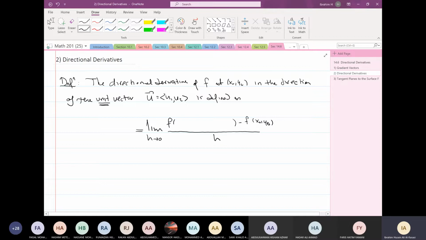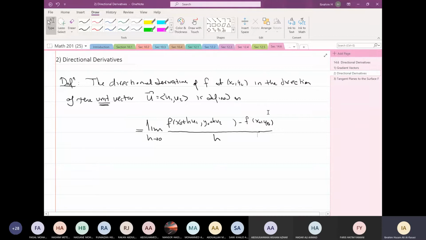The something is f of x0 plus h u1, y0 plus h u2. I will explain very soon why I have this x0 plus h u1, y0 plus h u2. But from the definition you notice that for a directional derivative you have a change in both coordinates, a change in the x coordinate and a change in the y coordinate.